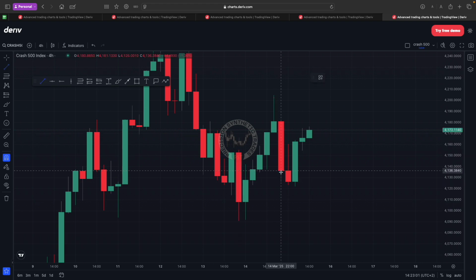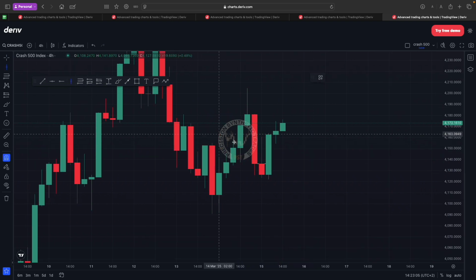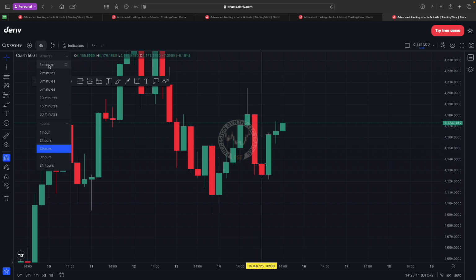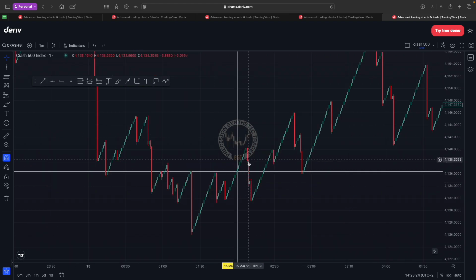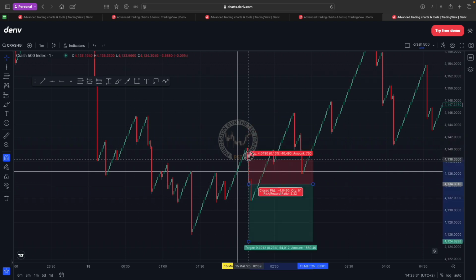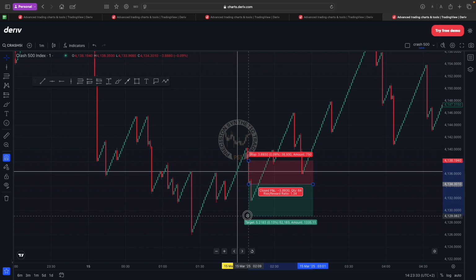Let's just mark this one out. Let's also mark out the start of this new 4-hour candle after this one, and let's go down to the 1 minute. Right, so as you can see, we closed below here after moving up. Target a 1-to-1.